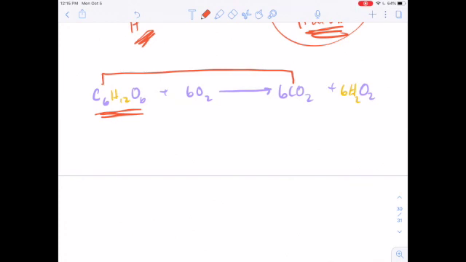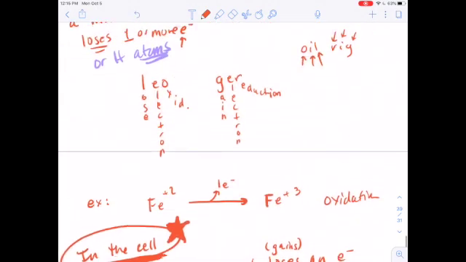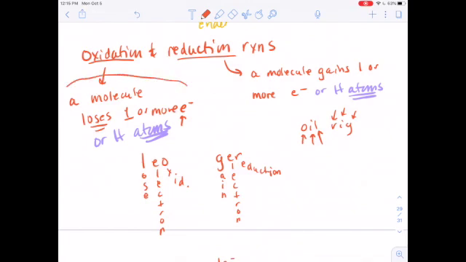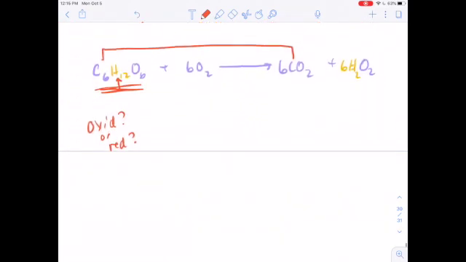Is glucose being oxidized or reduced? It's losing these hydrogen atoms, sure looks like it. When a molecule loses 1 or more electrons or hydrogen atoms, it is an oxidation. So, friends, this is an oxidation.